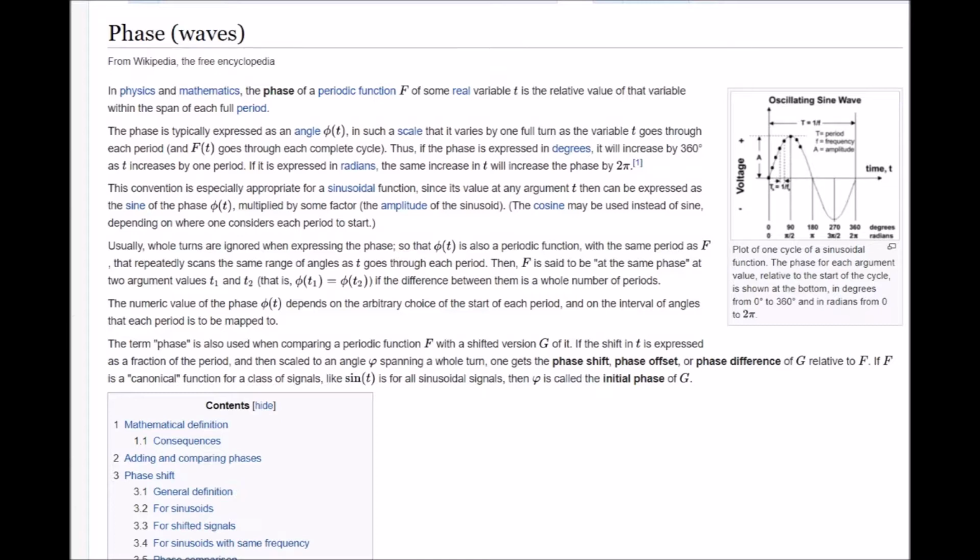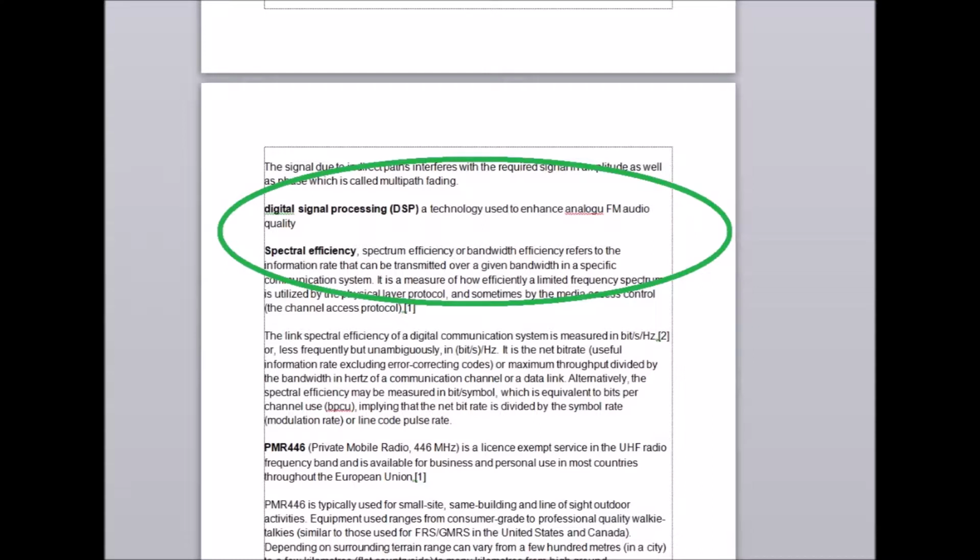Next definition, and actually this isn't something I've found a definition for, but I kind of created one here. The next definition is digital signal processing, DSP, a technology used to enhance analog FM audio quality. Again, the definition is digital signal processing.